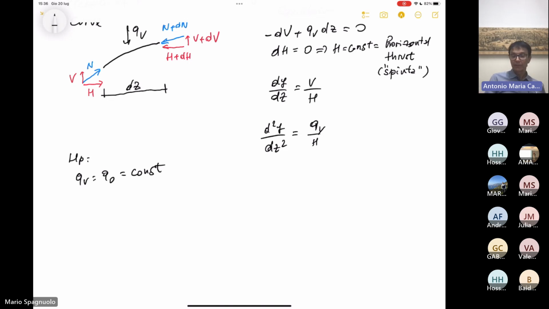So we assume now that the vertical load is uniformly distributed along the horizontal projection of the arch. In this case, it is a simple task to integrate this differential equation of the funicular curve or thrust line.